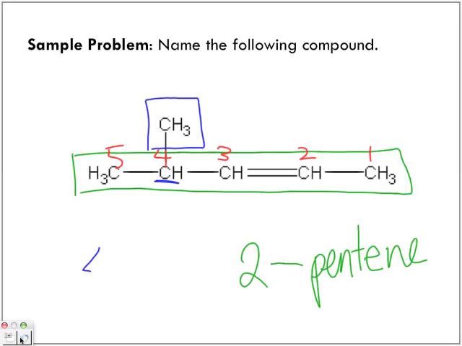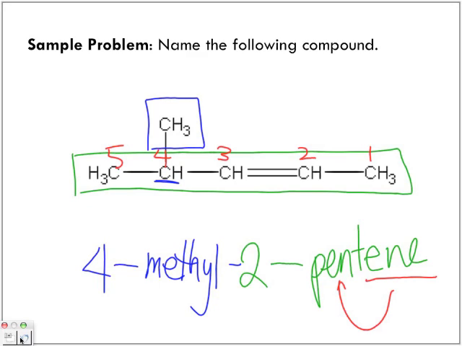And if we look, we've got another branch located on the 4th carbon. What do we have? We actually have a methyl group. So on the 4th carbon, we have a 4-methyl-2-pentene. So let's break this down. A 5-carbon chain with a double bond located on the 2nd carbon.